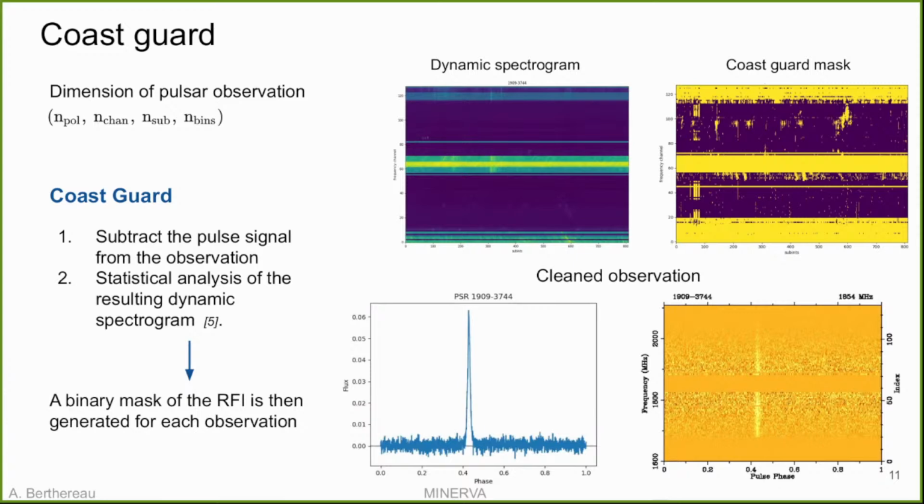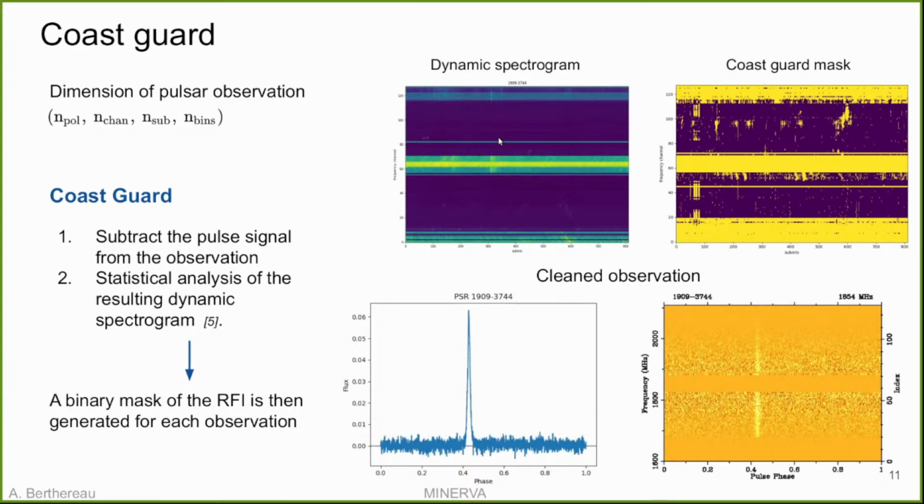So what Coast Guard is doing, it will subtract the pulse signal from the observation as a first step. And then from this observation, it will statistically analyze the resulting dynamic spectrogram. So it will make a spectrogram. So this is a time frequency image of the observations that you have here.